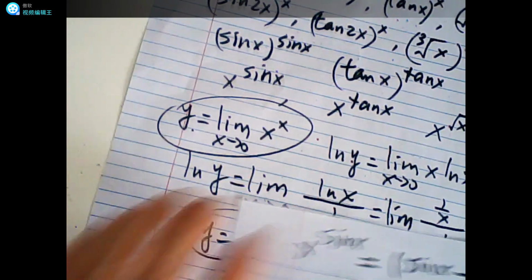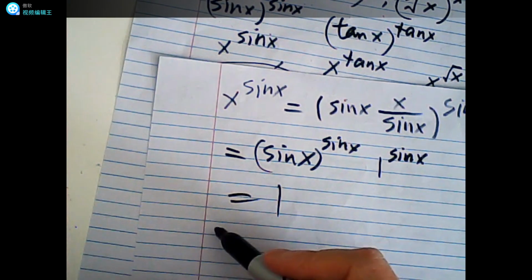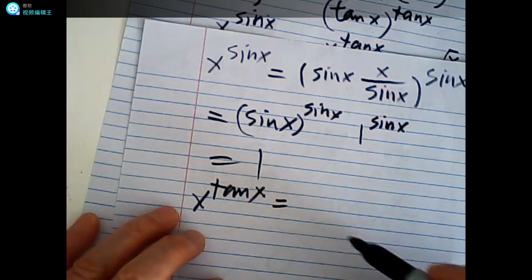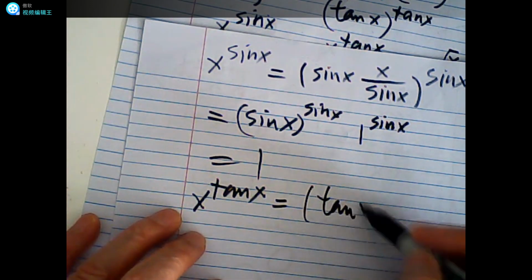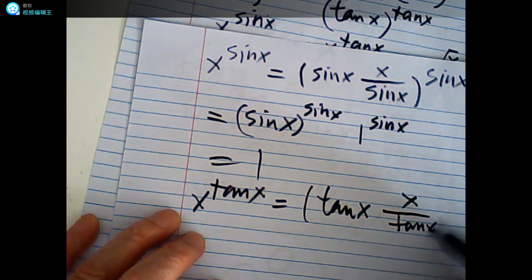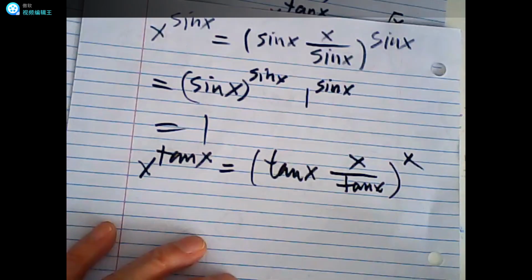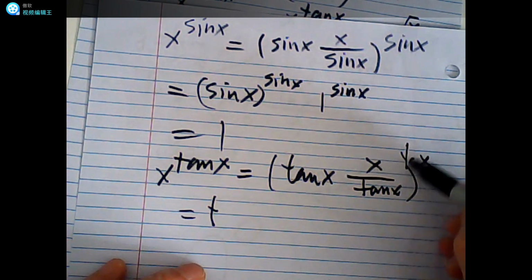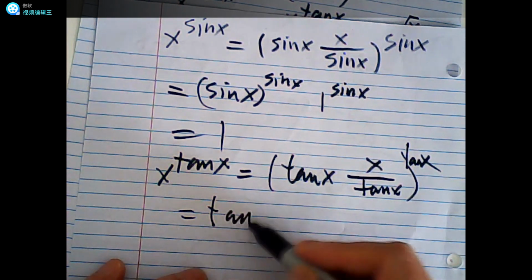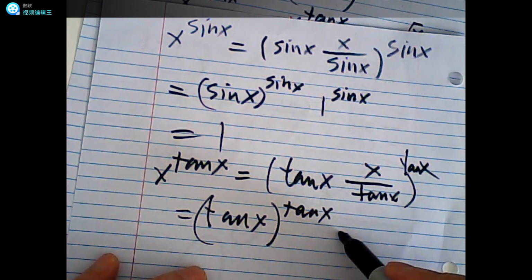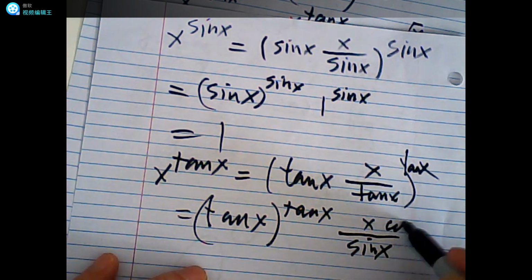Now, x to the tangent x. Well, we write tangent x and x over tangent x to the power of x, right? Now, this one is equal to tangent x, sorry, tangent x to the tangent x times, this is sine over cosine, right?